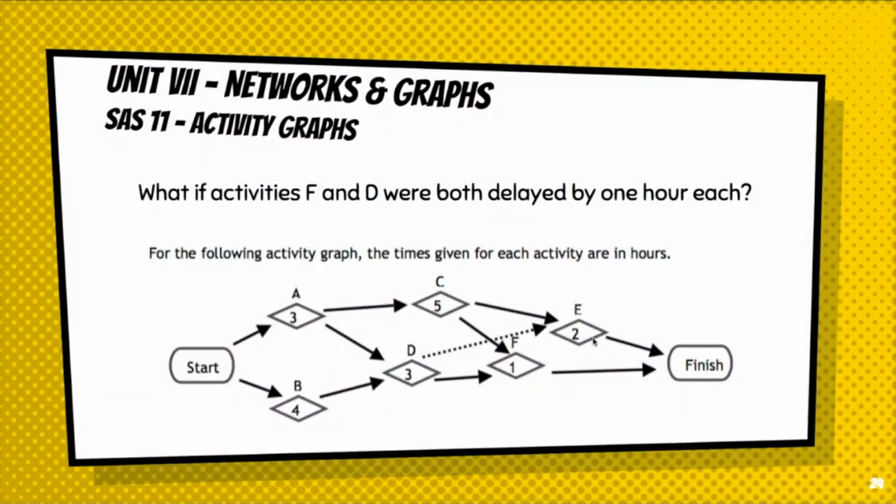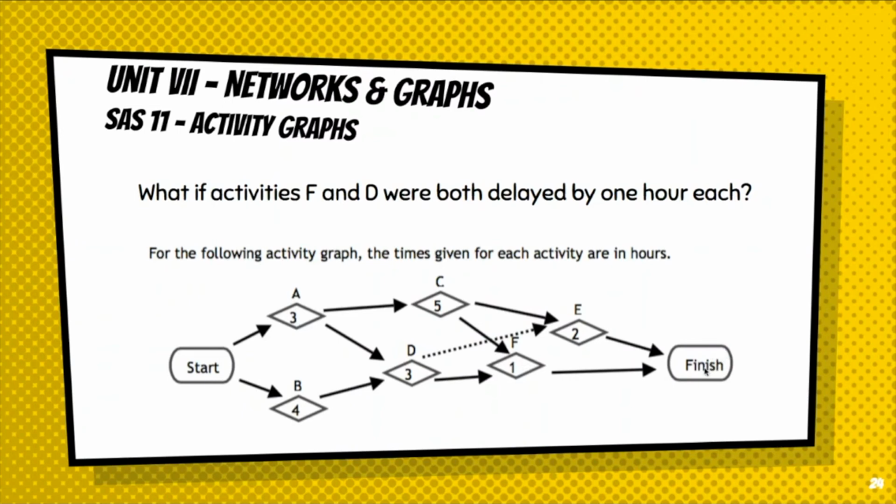All right. What if activities F and D were both delayed by 1 hour each? 4, 3, 1. If we delayed D, it would not postpone this activity by 10 hours. So 4 and 3, that's 7, 8, 9, 10. But let's look at this. 4 and 3 is 7, plus 1 is 8. F is also delayed by an hour. That makes 9, 10. It would not delay the completion.